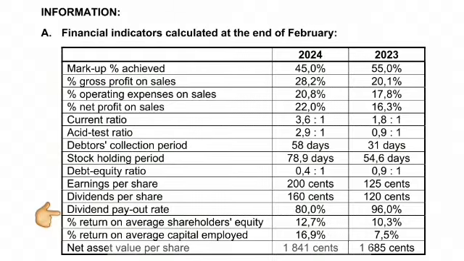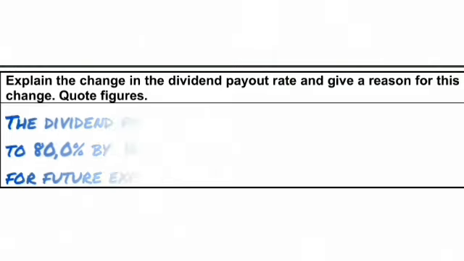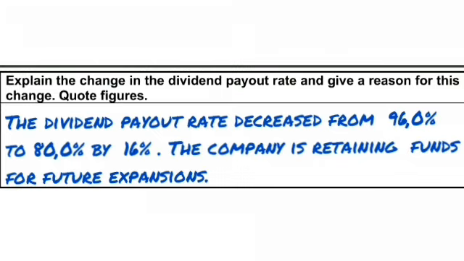We see in 2023 it used to be 96% and now it has decreased to 80%. So you will quote with figures that it used to be 96, now it is 80, and then give us the reasoning as to why you think the directors did that. So the dividend payout rate decreased from 96% to 80% by 16%.